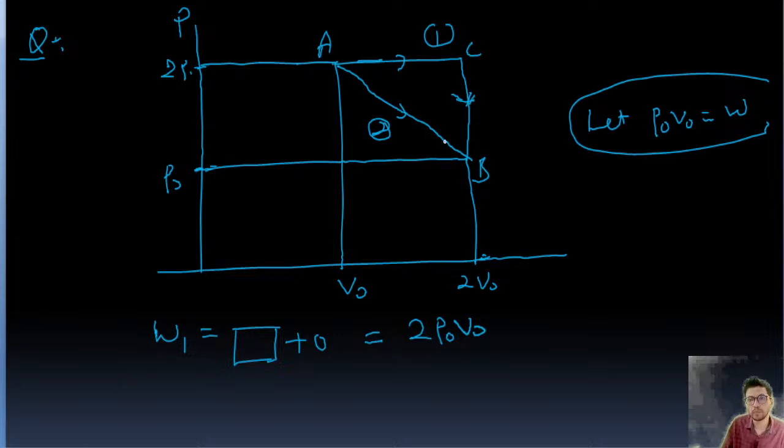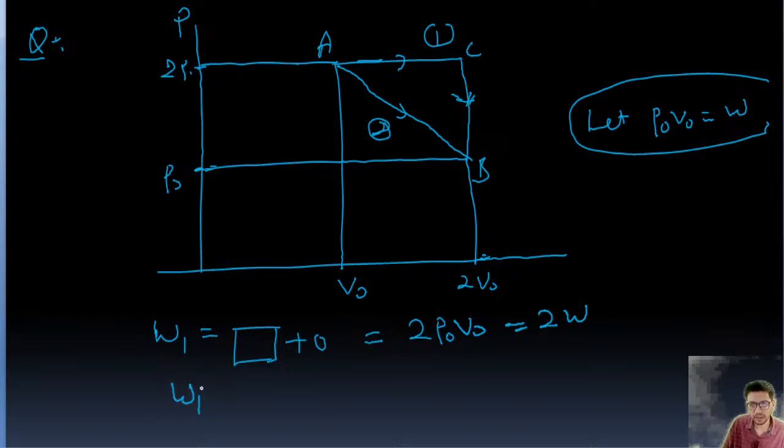This is the W1 work done, because from C to B there is no work done, no area covered. So 2P naught V naught is the area, and if P naught V naught is W, then this is going to be 2W.